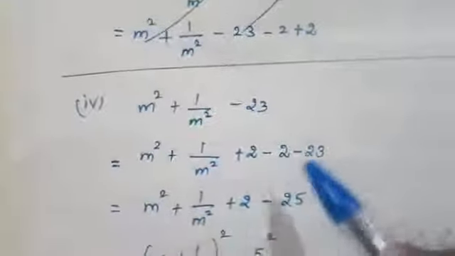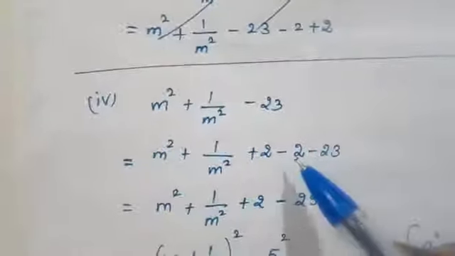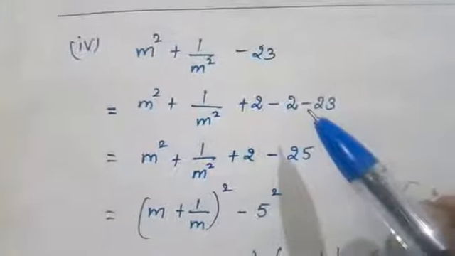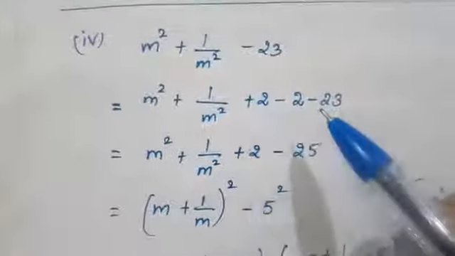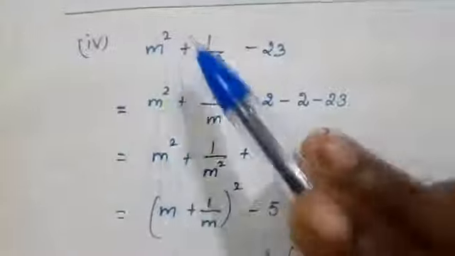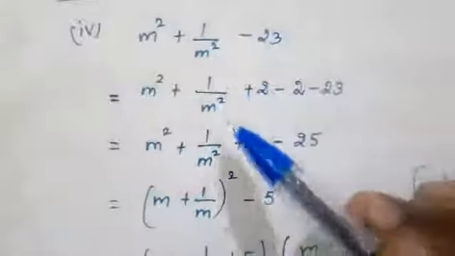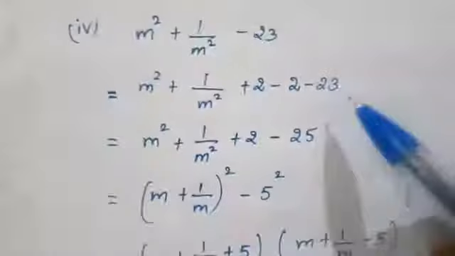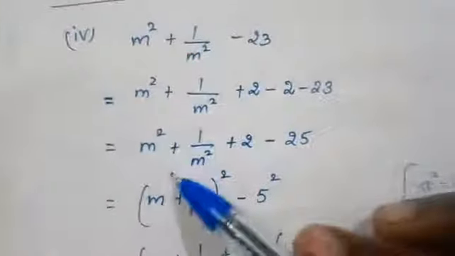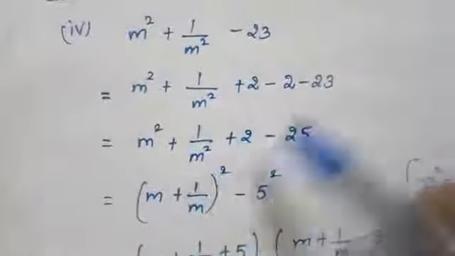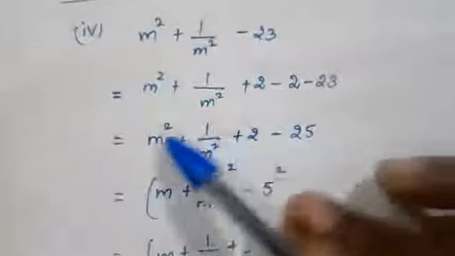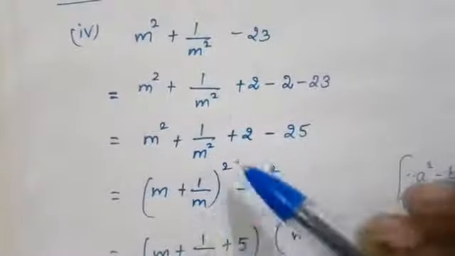Why are we adding plus 2 and subtracting 2? We have to use the algebraic identity, so we need to make that algebraic identity format. So that is m square plus 1 by m square plus 2 and minus 2, and then write the minus 23. So that is m square plus 1 by m square plus 2, and adding the two constants, minus 25. So it is in the form m plus 1 by m whole square.